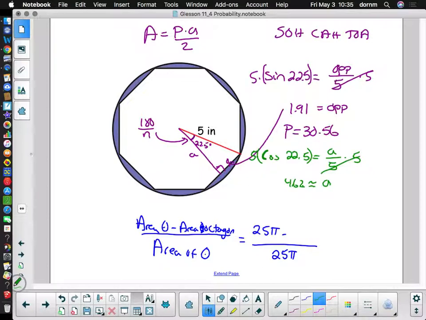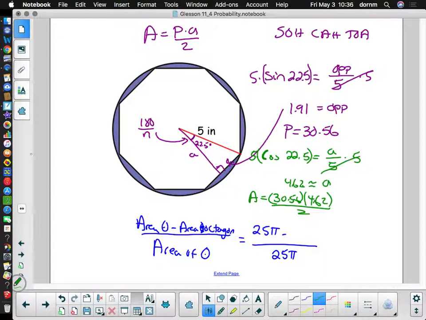Great. Now I've got the information I need to find the area of the octagon, because I have the perimeter and the apothem. Area is perimeter times apothem divided by 2. So my area is the perimeter times the apothem divided by 2.